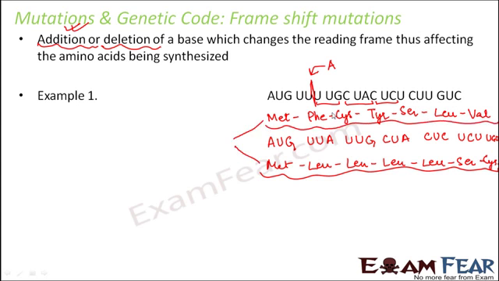And why does so much difference arise? Because here you just inserted one base, but it changed the entire reading frame. Because of the insertion of that one base, the entire thing got shifted, and that is why it is called frame shift mutation. So in this case, you see a total change in the amino acids.